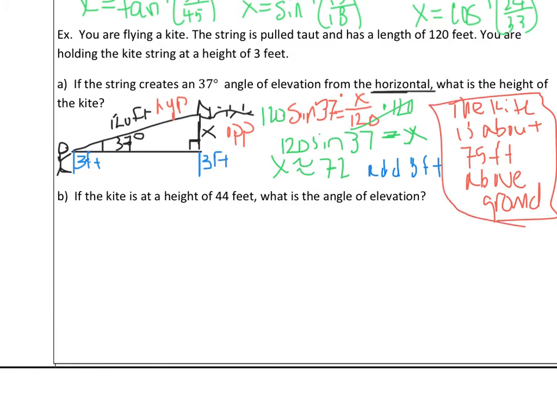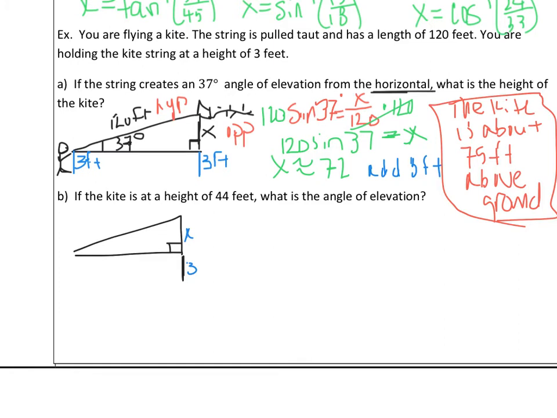Okay, so next one: if the kite is at a height of 44 feet, what's the angle of elevation? So we're going to go backwards a little bit. I'm going to sketch in my right triangle. Remember, we've got the 3 feet here. We don't know this height.